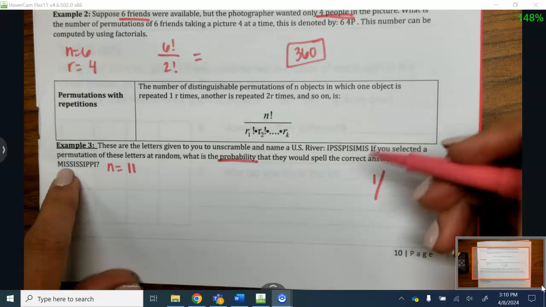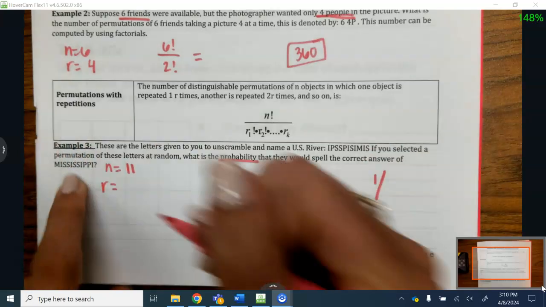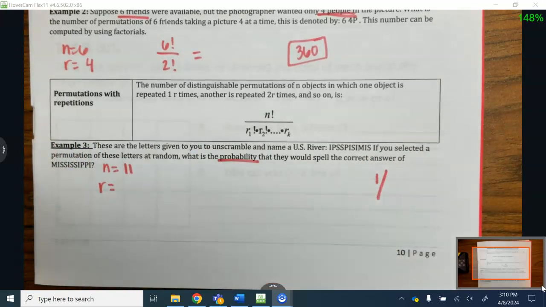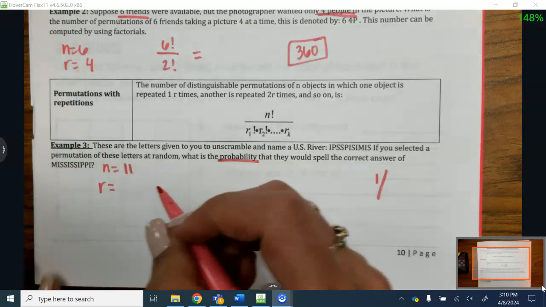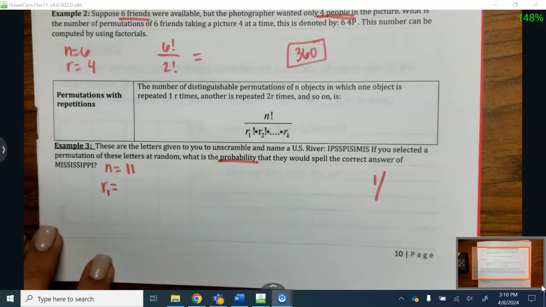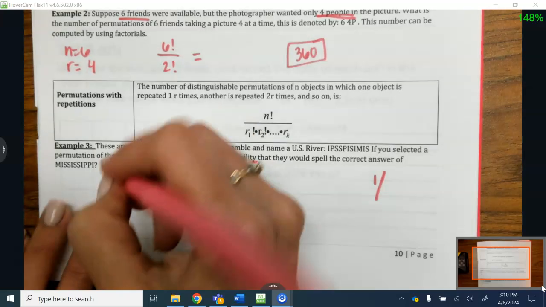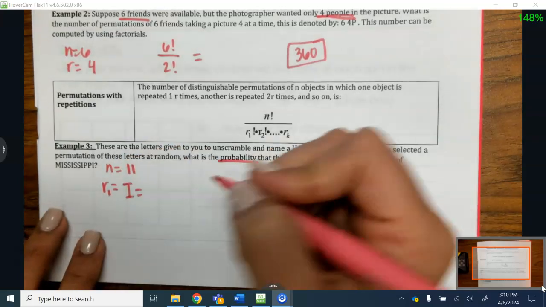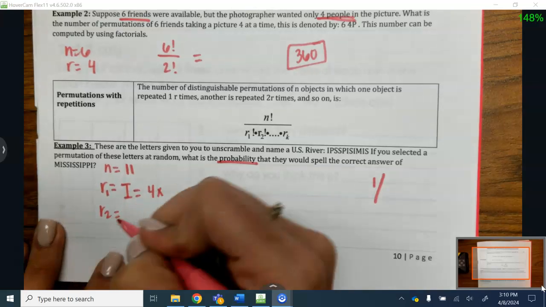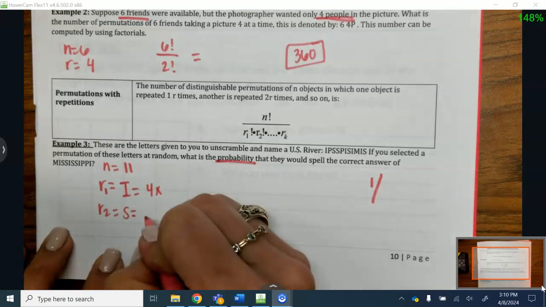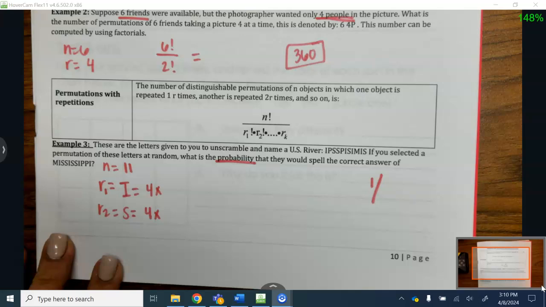Okay, so R. We have a couple of terms that repeat, talking about specific letters. So R1, the first letter that repeats, is the letter I, which repeats 4 times. The letter S repeats 4 times as well.